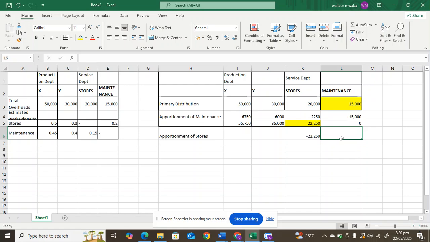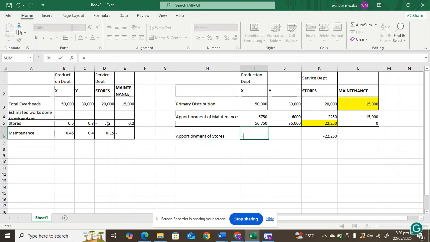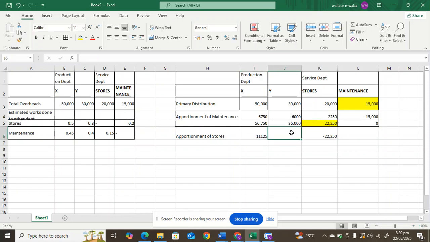Okay, so we come to this information for stores. Stores gives production department X 50% of the work. So we say 50% multiplied by 22,250. We get that.